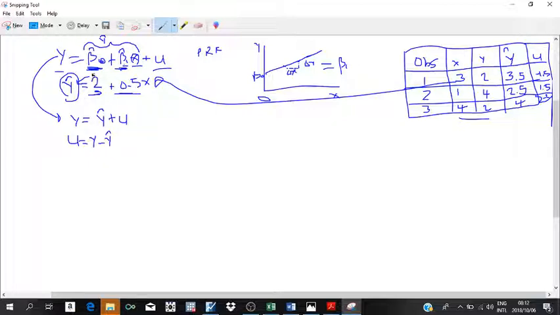Now to solve for beta naught, it's important for you to know that the ordinary least squares minimizes the residual sum of squares, right? You should know that from the beginning.